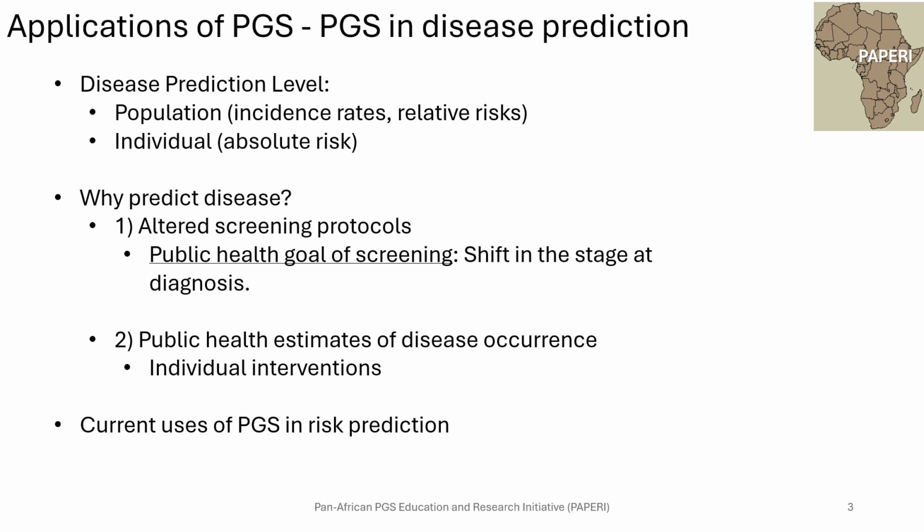And then the second major reason for predicting disease using polygenic risk scores is just to get population level information or public health estimates for disease occurrence. And most commonly discussed is public health interventions or interventions in healthcare systems for individuals who are at high risk.